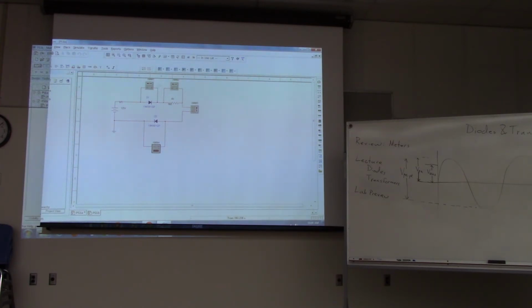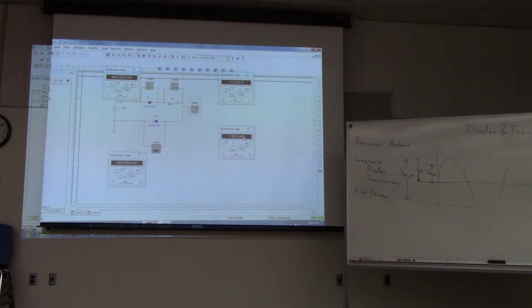So we're going to run the simulation here, and we should see something about like that. The diode drops are not exact, so we ended up with about 11 volts across the resistor, but then we know that it's a 6 kilo ohm resistor, so we can do the calculation and come up with the amount of current that's flowing through it.